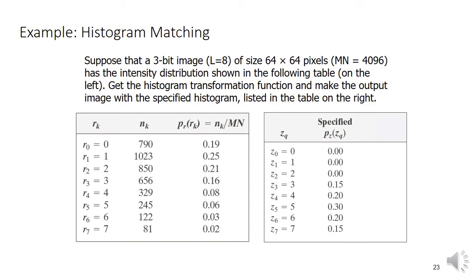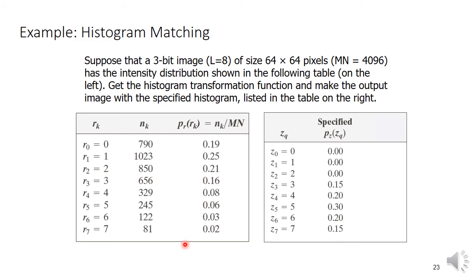So here is an example of histogram matching. Suppose we have a 3-bit image with 8 intensity values, and suppose the size of the image is 64 rows and 64 columns, like M times N, so MN becomes 4096, and it has the intensity distribution shown in the table on the left.